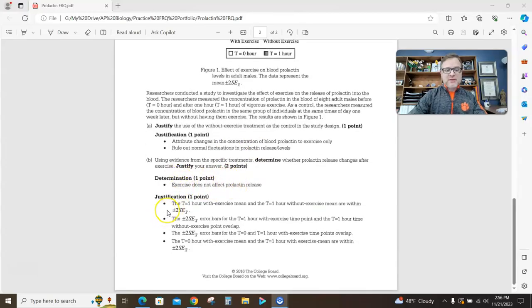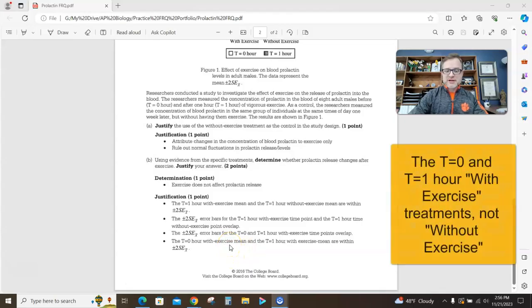The answer is no. And the justification, there's a lot written here, but basically they're saying 2 things. They're either saying that the means are within 2 standard errors of the mean, or they're saying the error bars overlap. Either one is fine. These first 2 are comparing the means at 1 hour for both, and the second 2 are comparing the means at 0 and 1 hour for the with exercise or without exercise treatments.